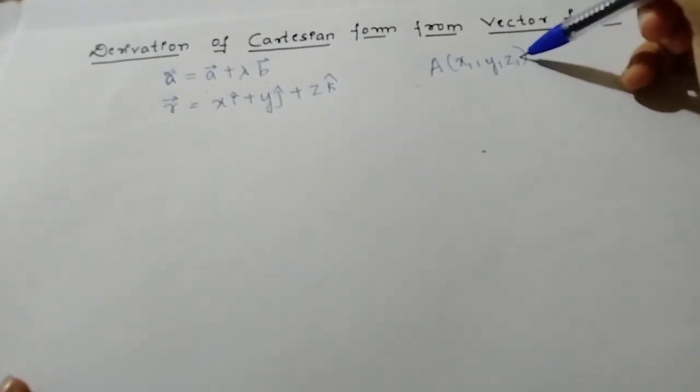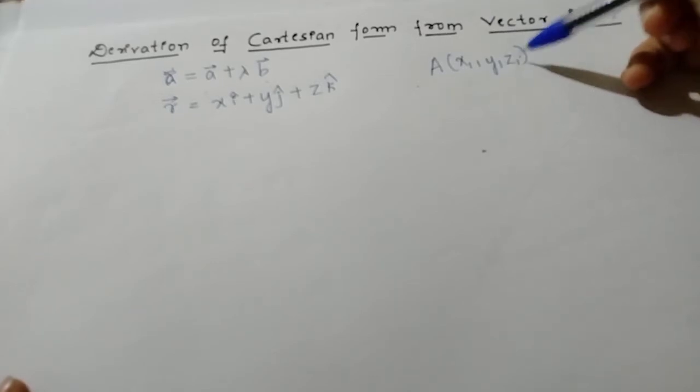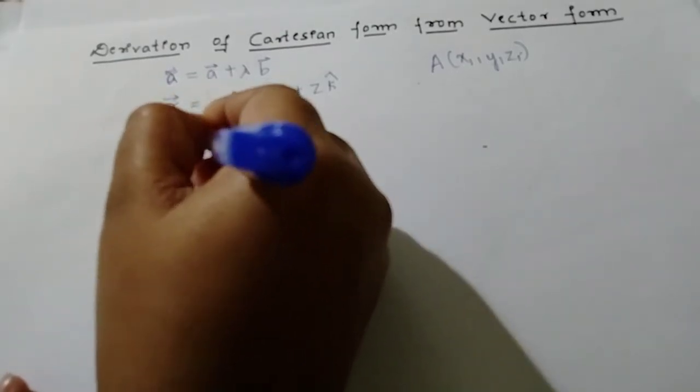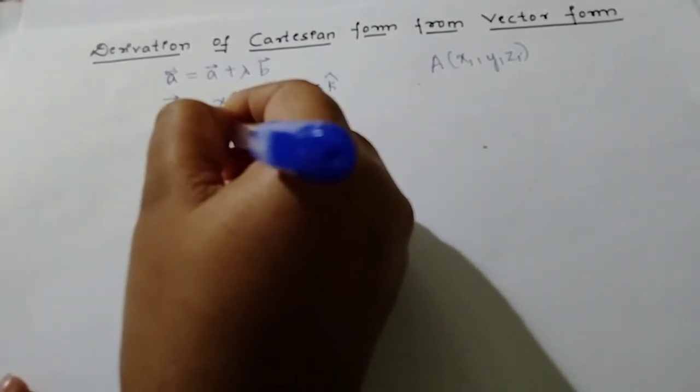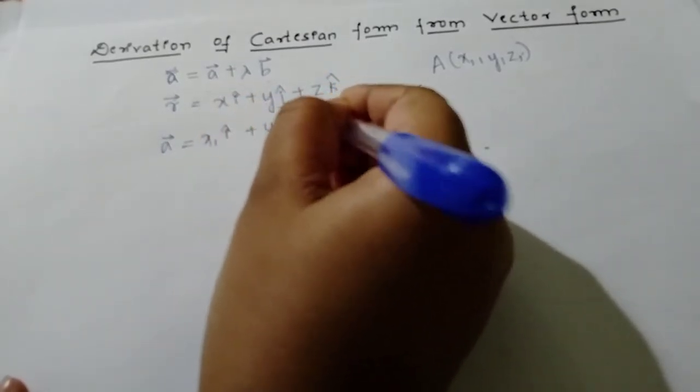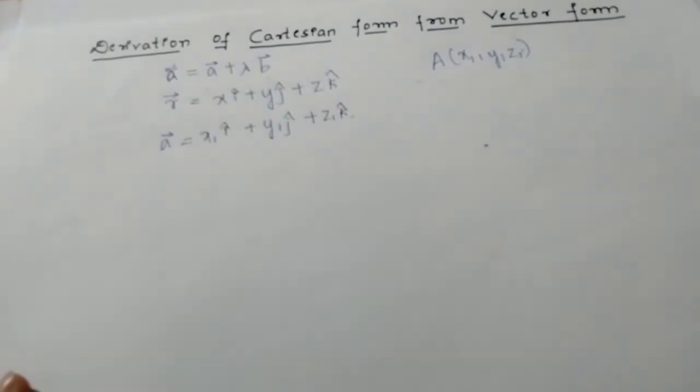If we are taking the coordinates of a point A which is on the line, then your position vector A will become x1i plus y1j plus z1k.